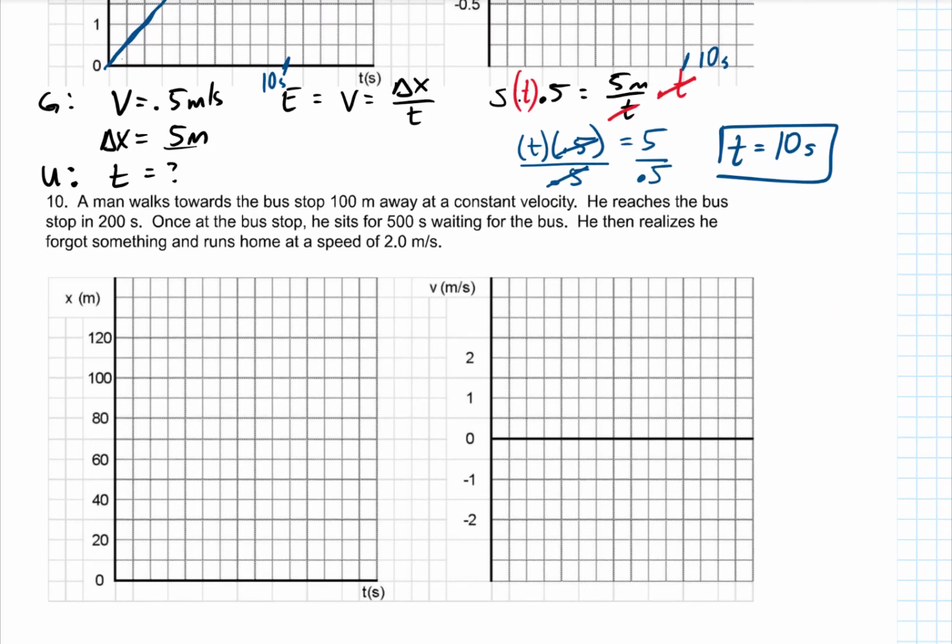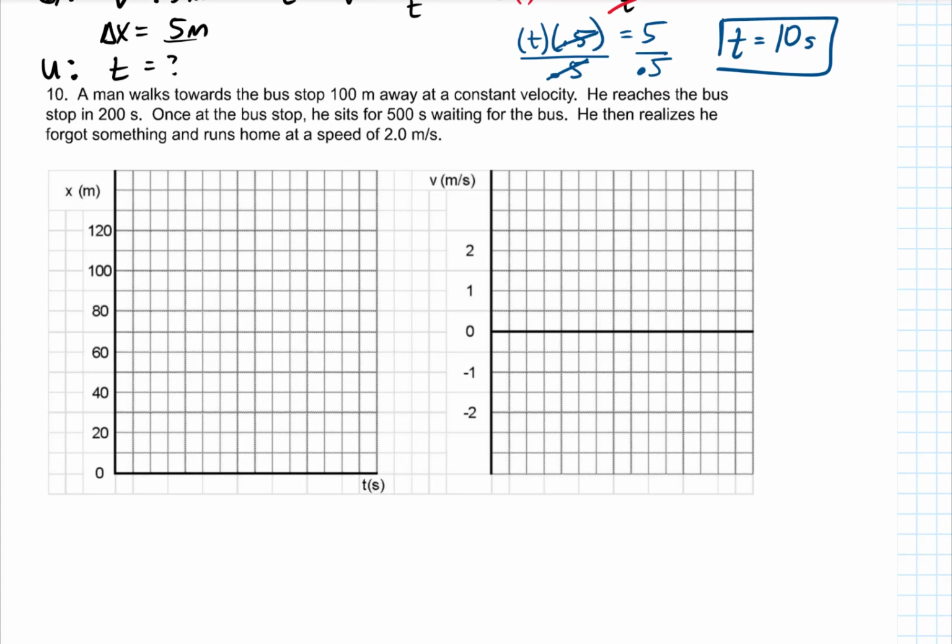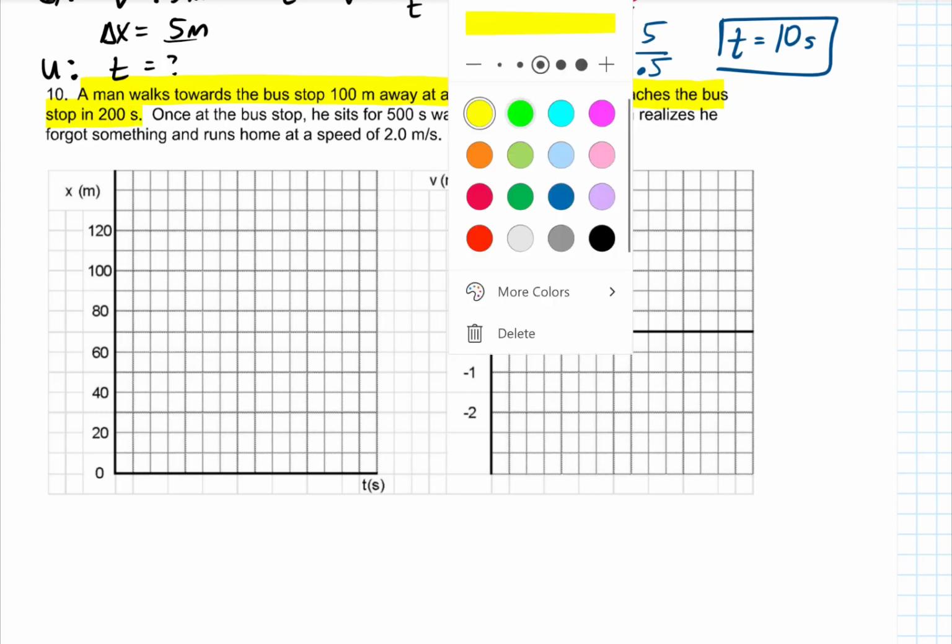Number 10, we have 3 different motions that happen. The first one, we have the man walking towards the bus stop 100 meters away at a constant velocity, and he reaches the bus stop in 200 seconds. So the first chunk of our motion is from his house towards the bus stop.